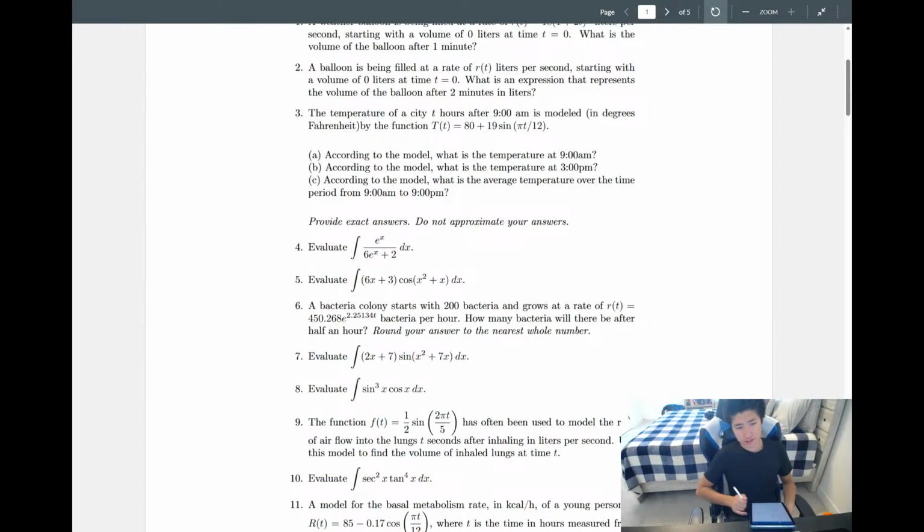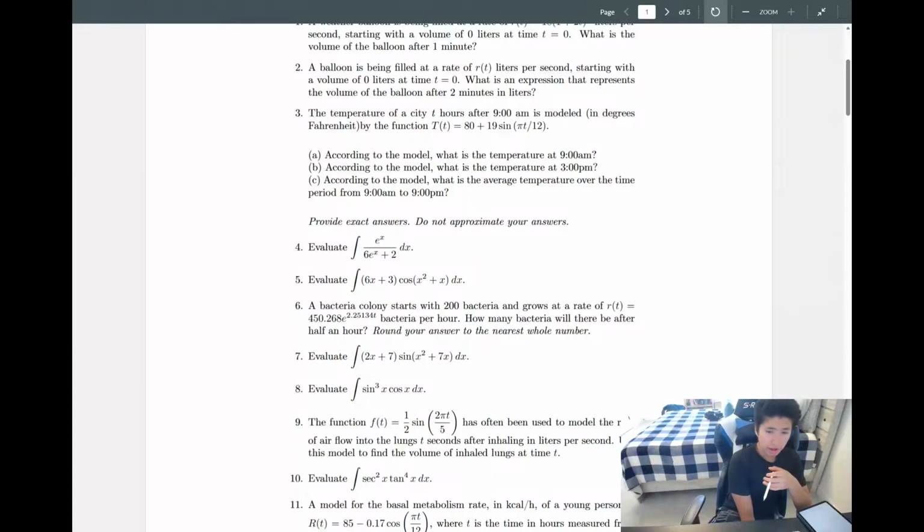The function big T of t is simply like the position, right? So integrating it won't do anything good.